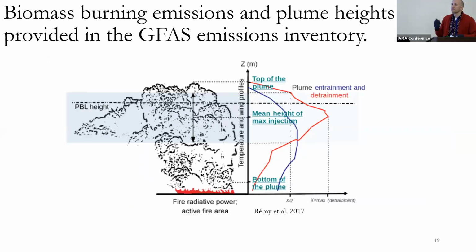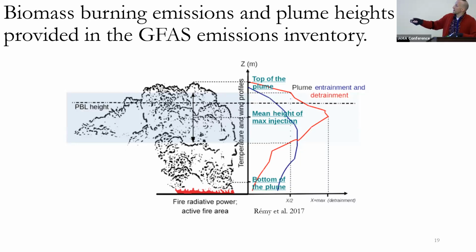And so we can do this now because the GFAS emission inventory, along with providing the emissions rates of smoke OA, smoke black carbon, and all the gas phase species, now includes with it information on plume injection height. And so when developing the inventory, the folks that put GFAS together take fire radiative power from satellite, as well as thermodynamic temperature profiles of the atmosphere, and run a model and come up with information on their estimated plume injection height.